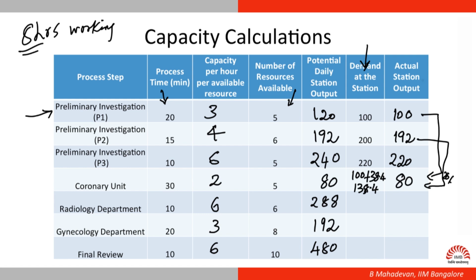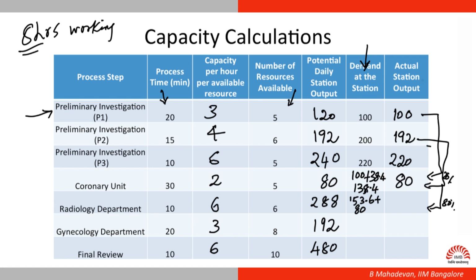Radiology department, type 2 patients, 80% of them come to radiology department. So, 80% of 192 makes it 153.6 plus type 1 patient, all of them will come, and because they go through that process from the coronary unit, the output of the coronary unit is 80.